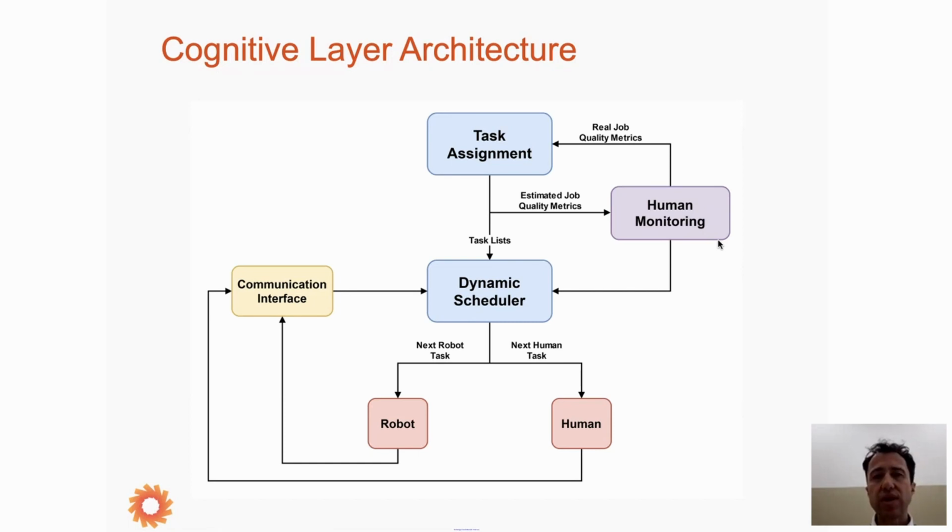And the dynamic scheduler dynamically changes the order of the tasks, and it can even assign one of the tasks nominally assigned to the robot back to the human, or a task assigned to the human to the robot, based on what is really happening in the scene. So the output of the scheduler is a sequence of tasks to be sent to the human and to the robot, and the sequence is dynamic.